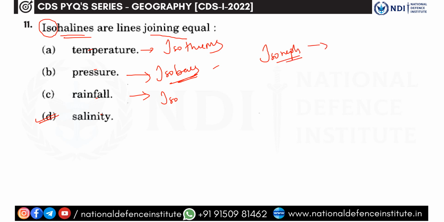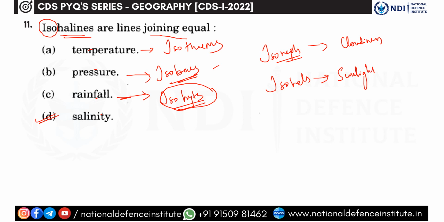This is isohyets. Isohyets is the one which is used for the same rainfall. Isonef is for same cloudiness. Like that, we have another one, isohel, where you have equal sunlight in that region. Isohel. All right. So these are something you have to remember. Fine. So the answer for this is option D.